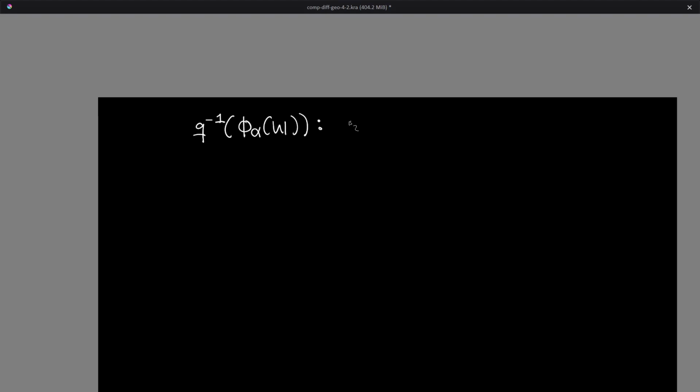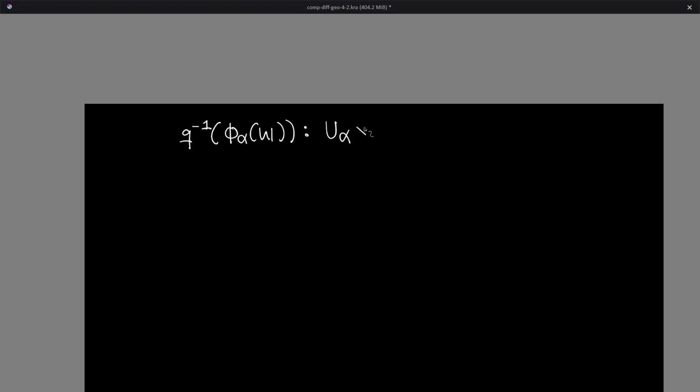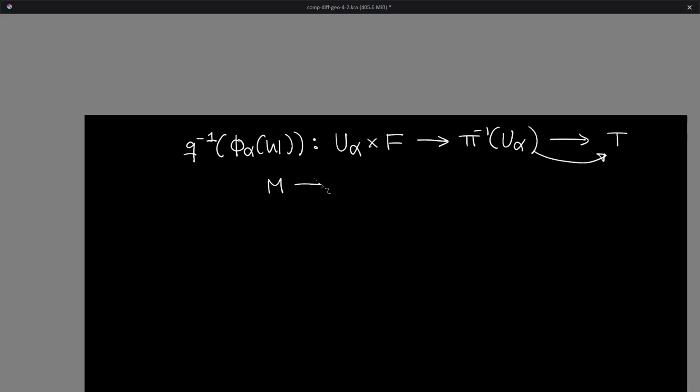So let's think about Q inverse of phi alpha of W. We can think of that as a function from U alpha cross F, where phi alpha would map to pi inverse of U alpha, and then Q inverse would map that to T. So the domain is in U alpha, and we end up in the part of T inside U alpha. So the part of M that we care about is inside U alpha.